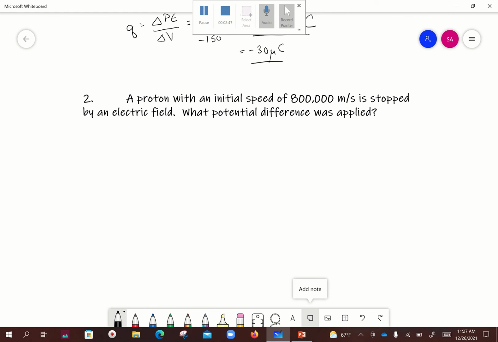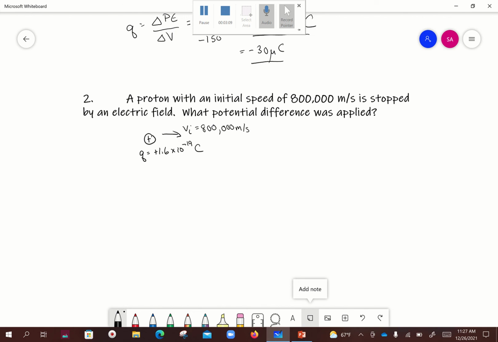Okay, so what we know is that we have a proton, so we've got a positive charge of 1.6 times 10 to the minus 19 coulombs that's moving along with V initial of 800,000 meters per second. And we apply an electric field.